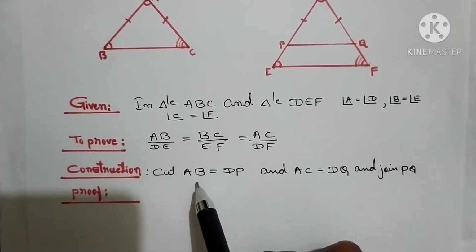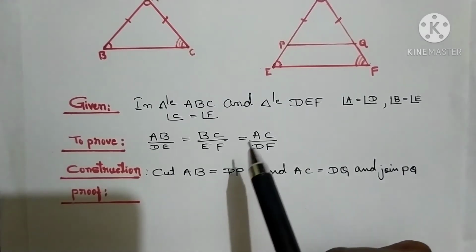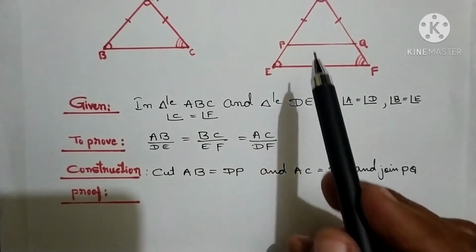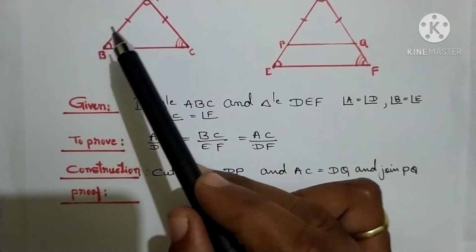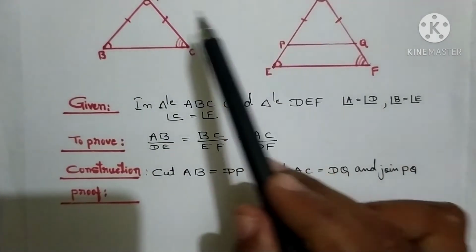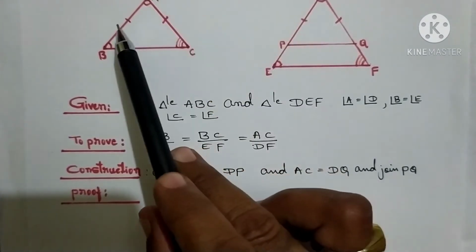Cut AB equal to DP. In this figure you see AB is equal to DP, that means these two lengths are equal.